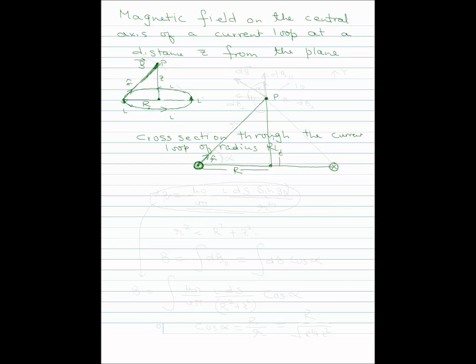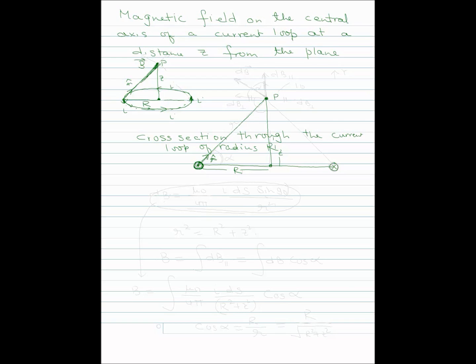You can think about both views. I hope you're convinced that the angle between r hat and ds is 90 degrees. And it's 90 degrees at all points. No matter where you consider the ds here, the angle is always 90 degrees.